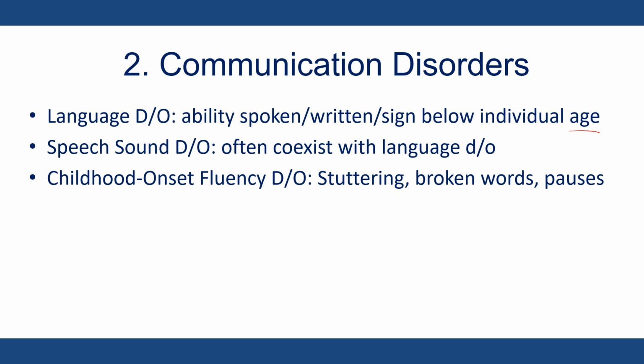Do you have a child who stutters or uses broken words or takes long pauses throughout the sentence? Those pauses are either unnecessary, inappropriate, or very long. Often a child is not able to finish the sentence without using fillers throughout the sentence and looking for that word, if you will.